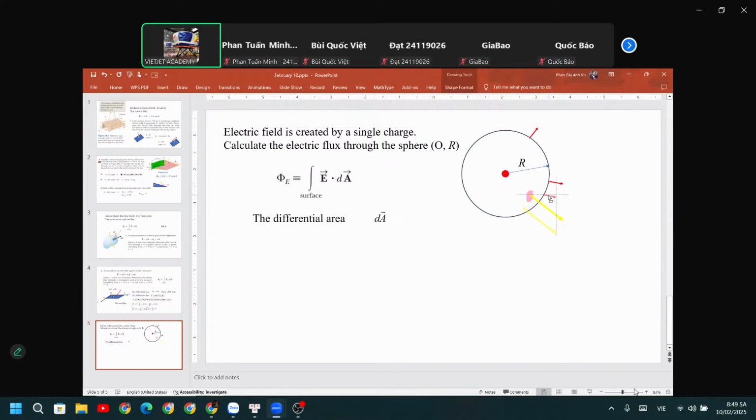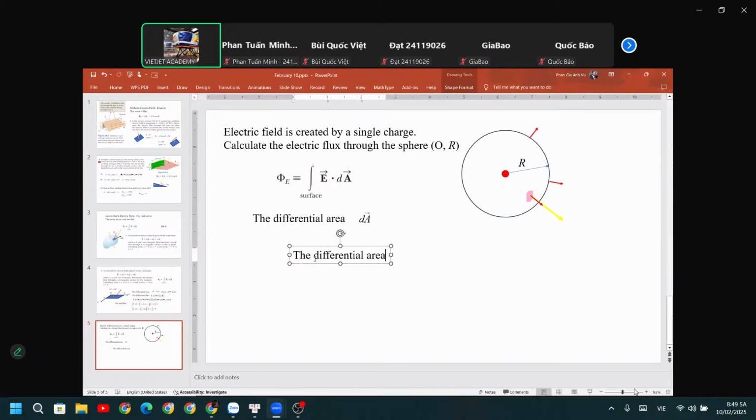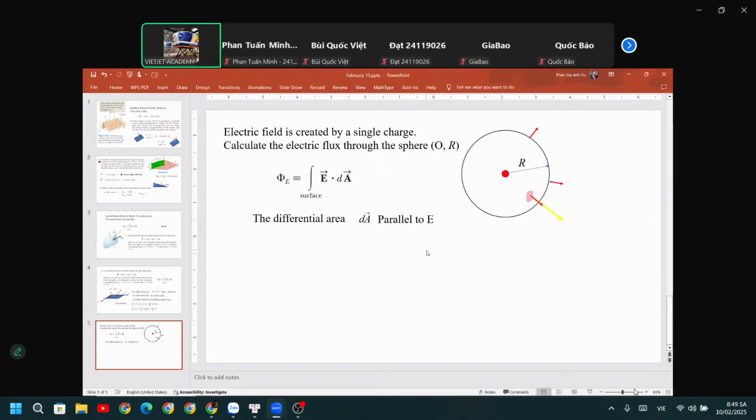If I draw the vector at this position, it must point out of the surface, right? So in this case, dA is parallel to the E vector, right? So you have cosine theta is 1.